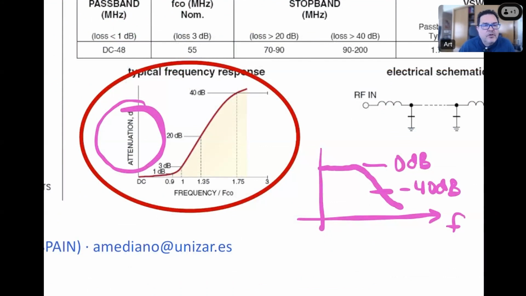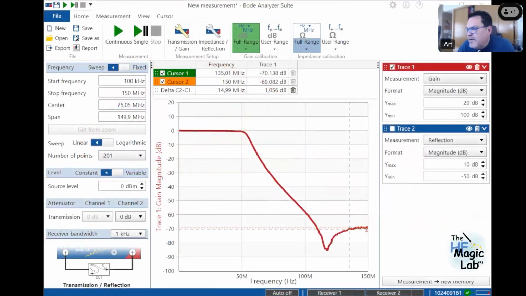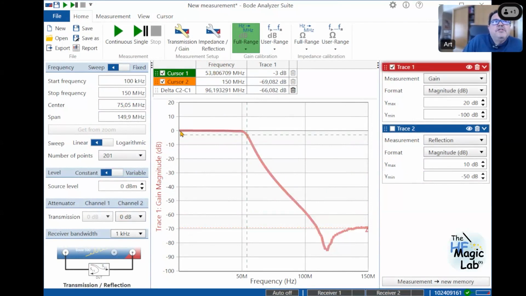So let's go to the cursors. We can take this cursor, go to number 3, and write here minus 3 dBs, and automatically the cursor is located at the frequency of interest. It's 53 megahertz.